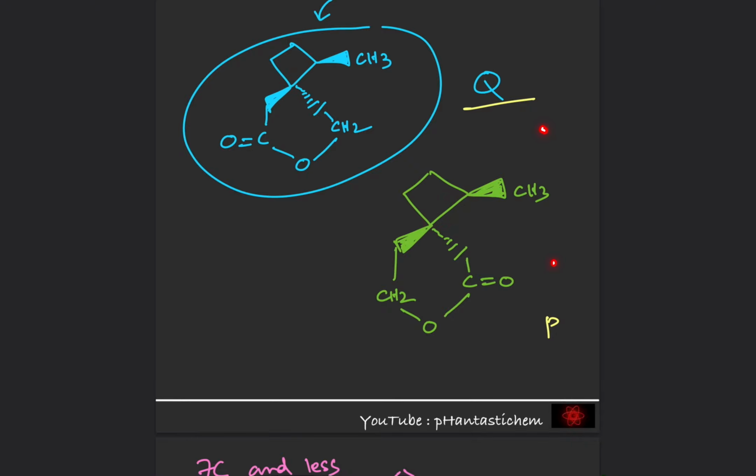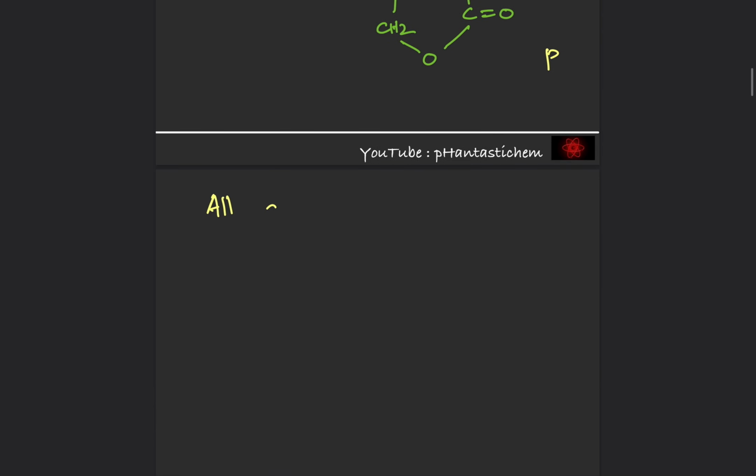Therefore, P and Q are geometrical isomers. Okay. And using rules, we can find out which one is E and which one is Z. And the most important thing is all the geometrical isomers are diastereomers. Very important. All geometrical isomers are diastereomers.